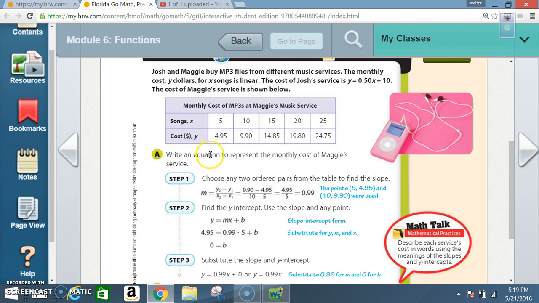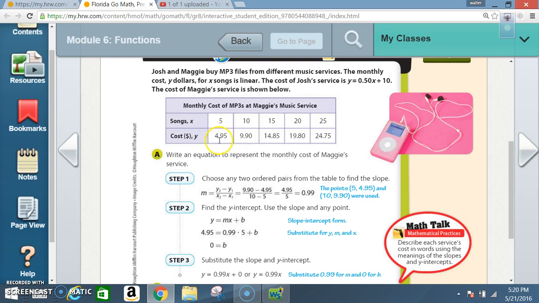Step A, write an equation to represent the monthly cost of Maggie's service. Step 1, choose any 2 ordered pairs from the table to find the slope. And don't forget, slope is equal to y sub 2 minus y sub 1 over x sub 2 minus x sub 1. The y2 value that they picked was $9.90.